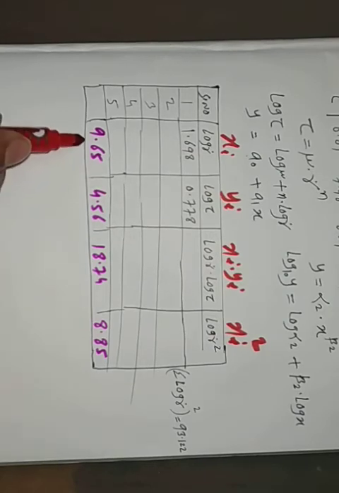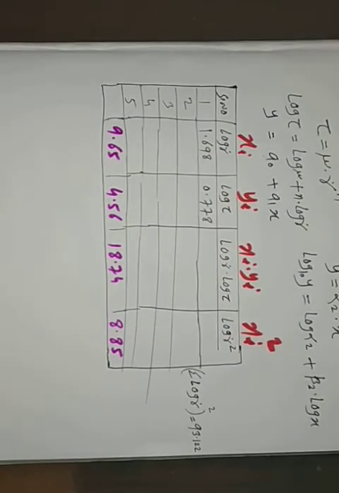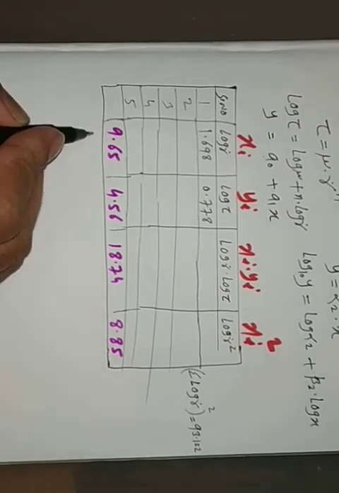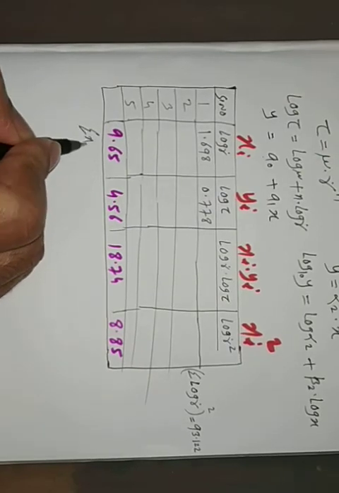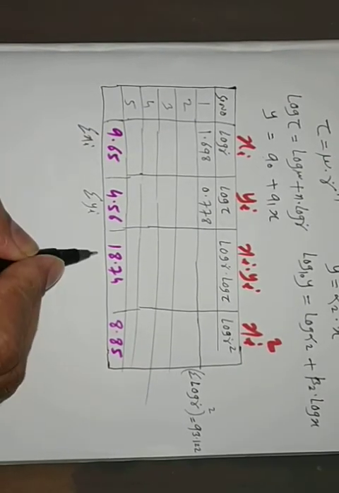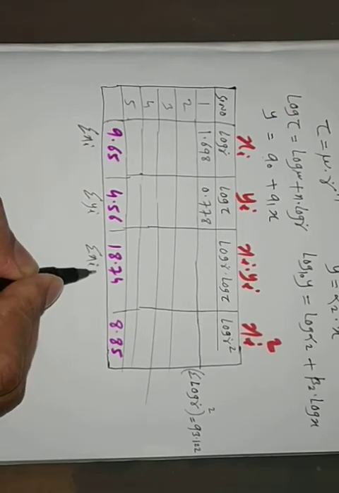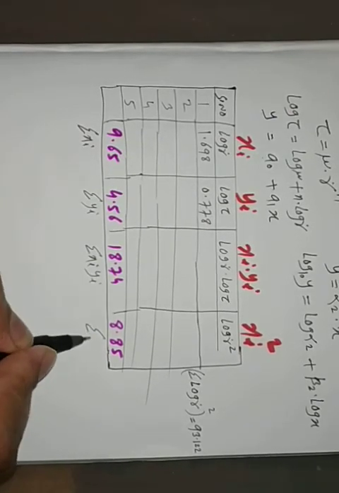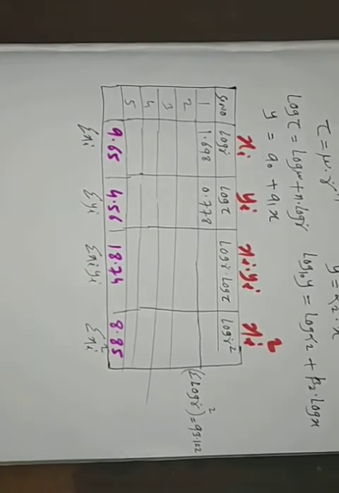So the final value summations are, so these values are calculated already. What is this? Summation xi, summation yi, summation xi yi, summation xi square.